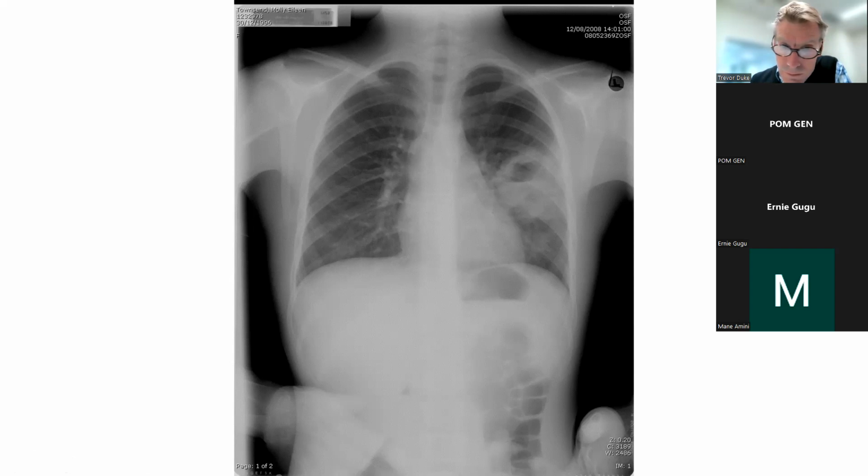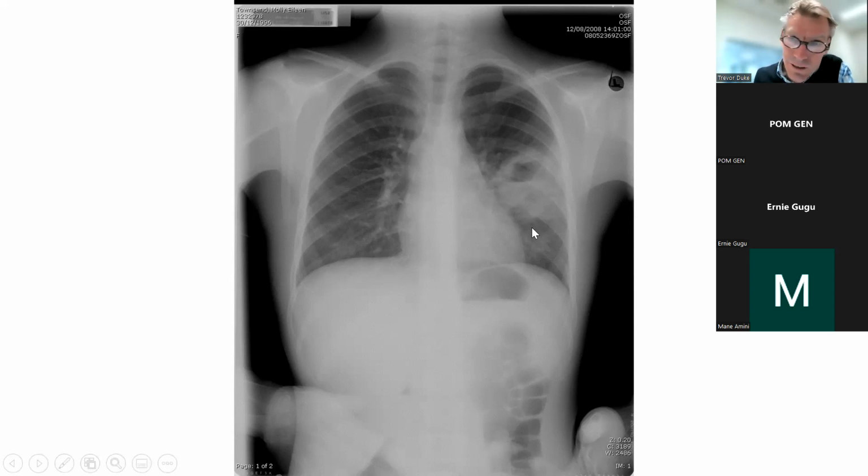The left side is like a clearing with like homogeneous opacities around it. It's the left. Yes, there's a dense homogeneous opacity, which is in the sort of mid-zone, isn't it?